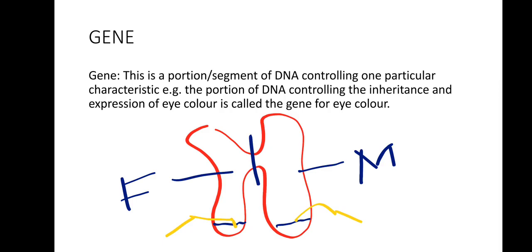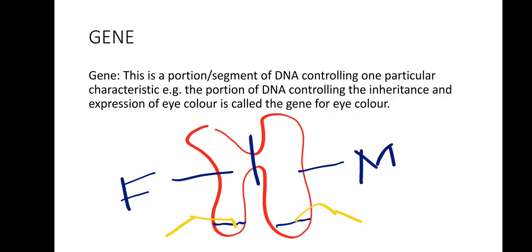But what we need to understand here is that a gene is a portion or segment on a chromosome, which is controlling a characteristic. So this is just a portion on a chromosome, and it is controlling a characteristic. So genes control characteristics.